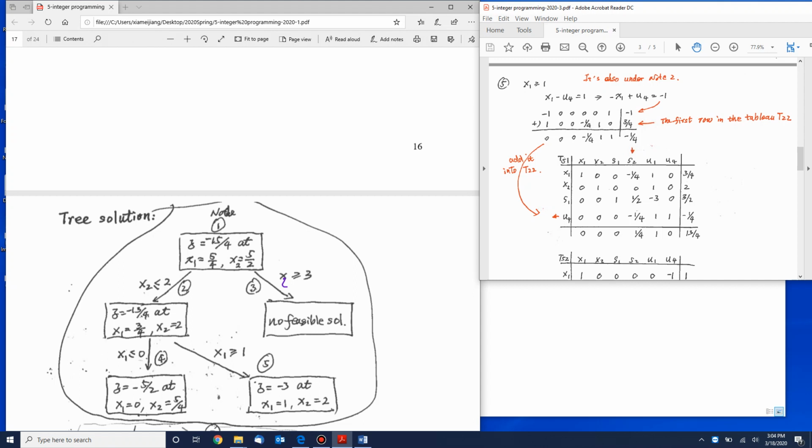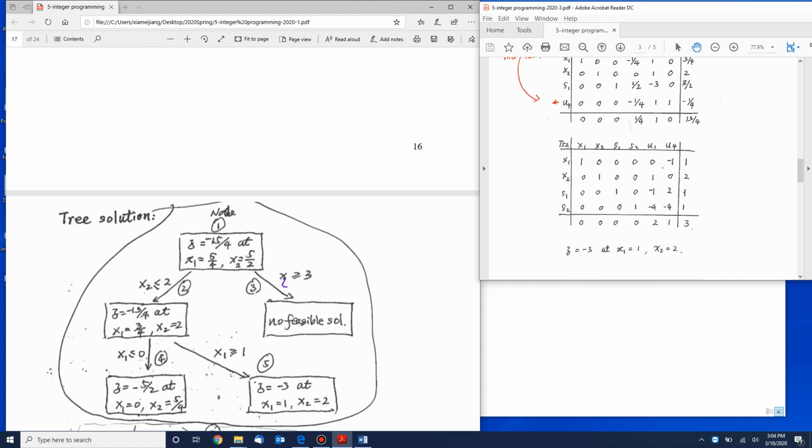T51 is in the optimal case, but u4 equals minus 1/4. Now we restore the feasibility by the dual simplex method, and we could find that this is the result. This one is actually what we got from the cutting plane method: z equals minus 3, x1 equals 1, x2 equals 2.